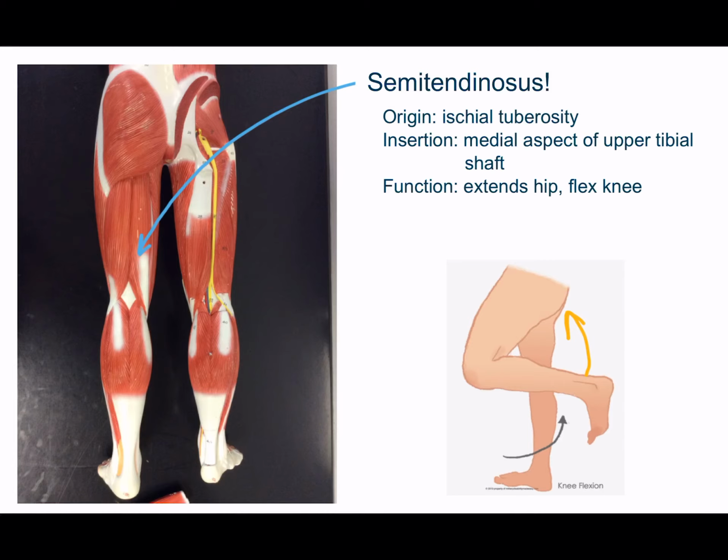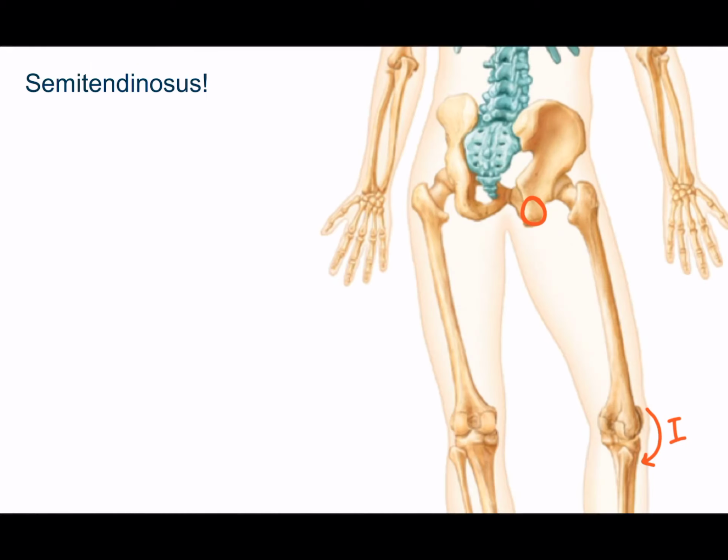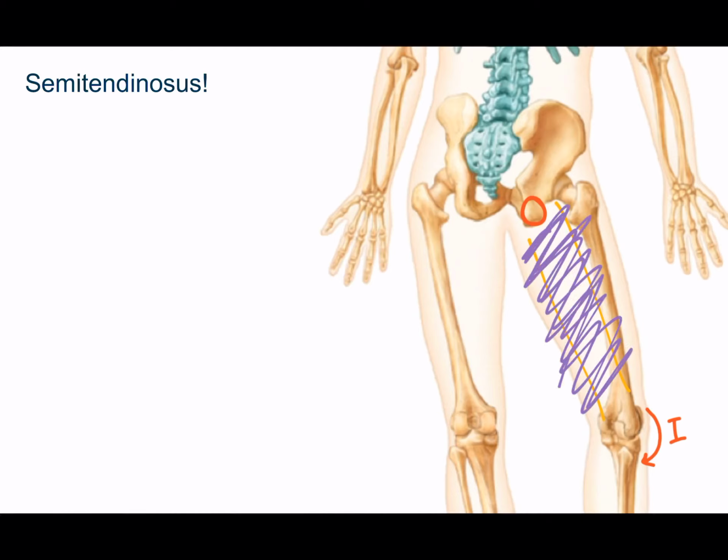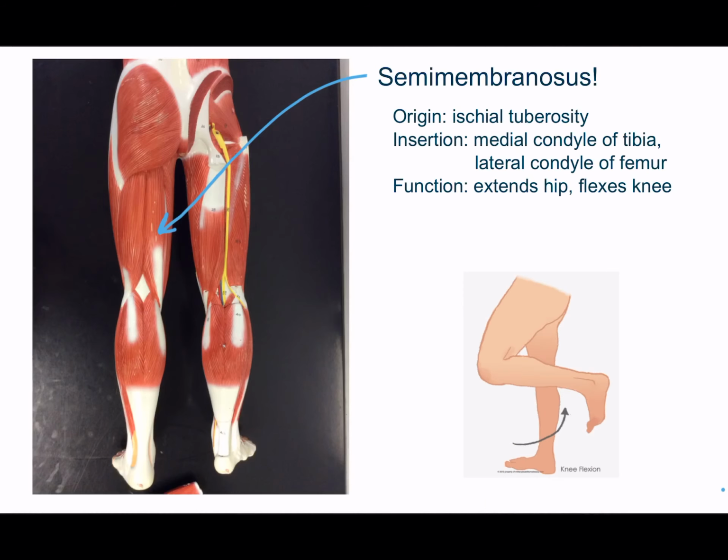Maybe not. Don't take my word for it. You see here how it would perform the same role. If this is your muscle and it's going to pull the insertion towards the origin like that, it's going to shoot your leg like that.